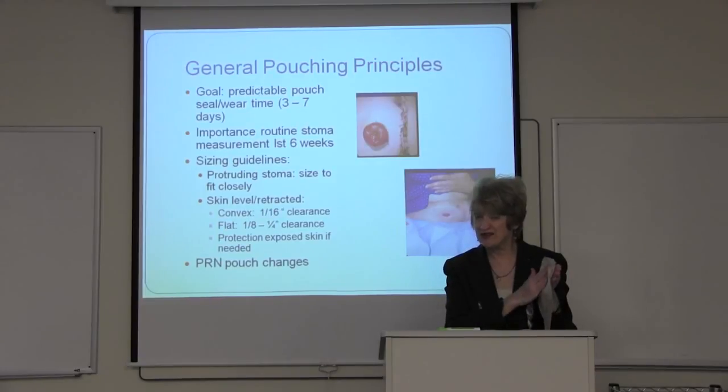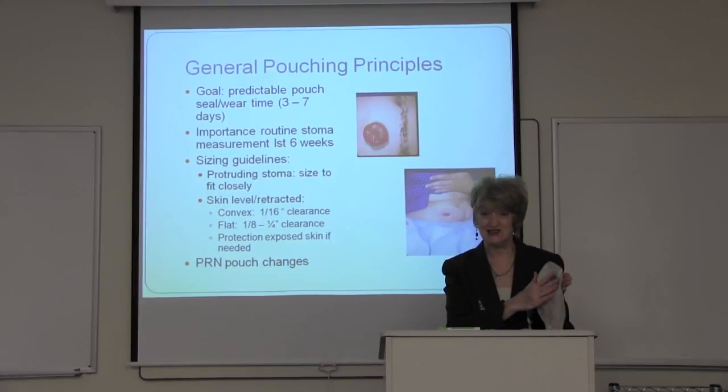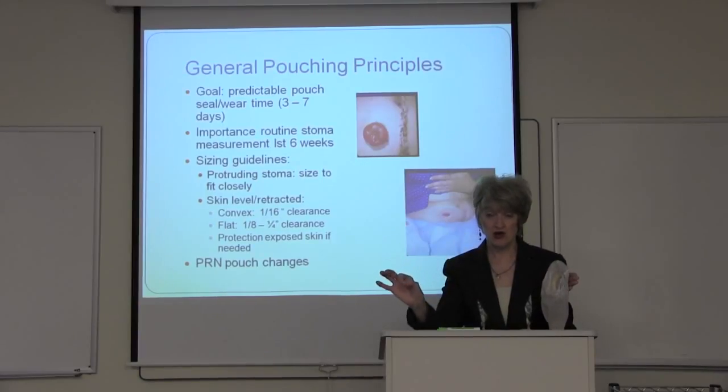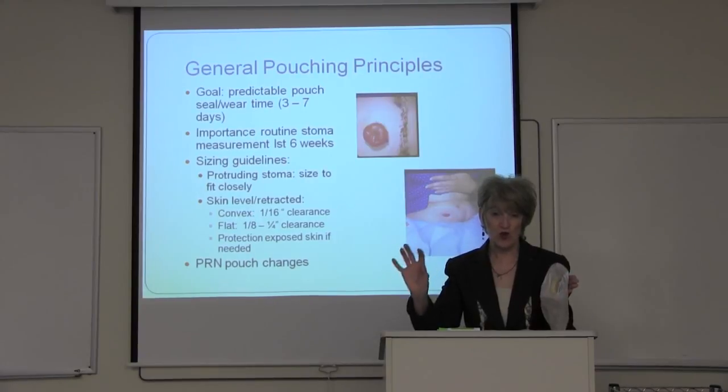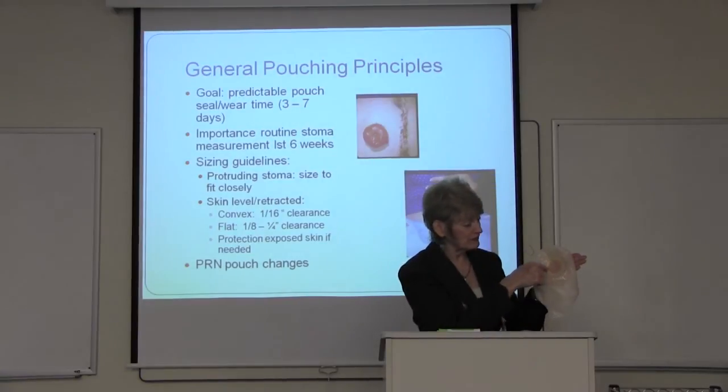And you want that support to fit closely around the stoma, so you would give minimal clearance, about 1/16 of an inch all the way around, which translates into cut your opening or order your pouch 1/8 inch larger than your stoma. And this is what you think about.